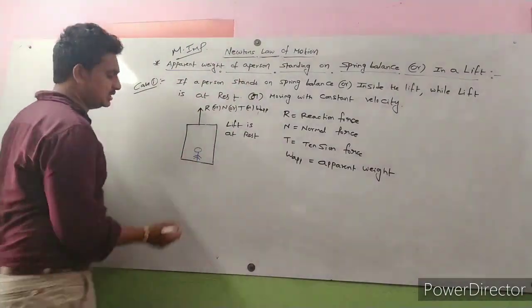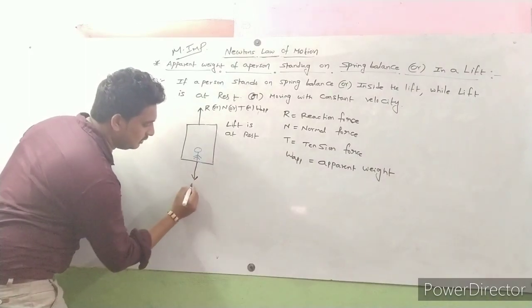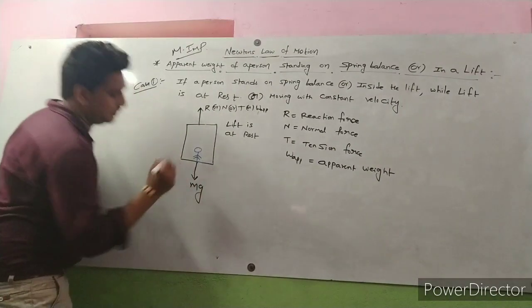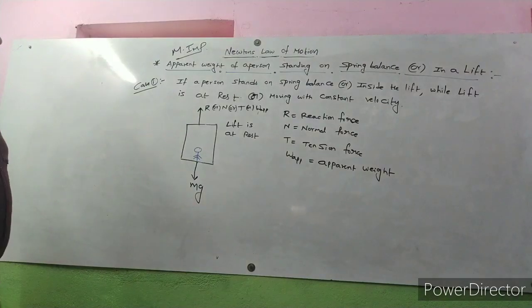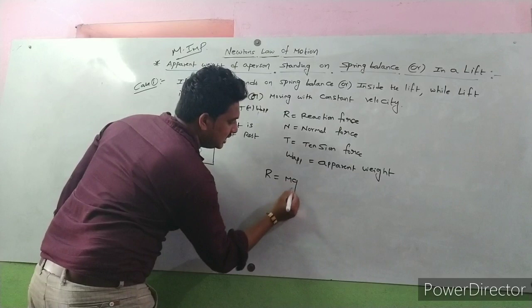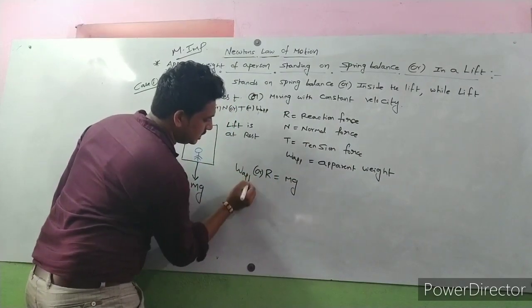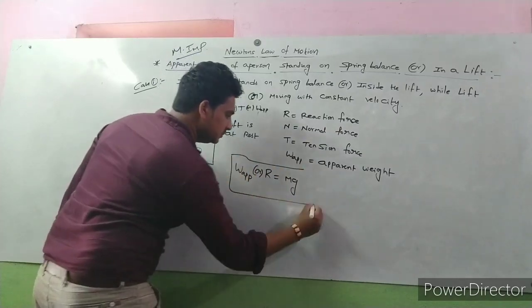So the lift is at rest. Then the person has some weight, which we consider as mg. So what we get from this: R is equal to mg, that is, W apparent is equal to mg.